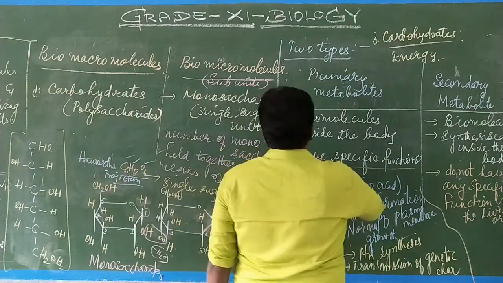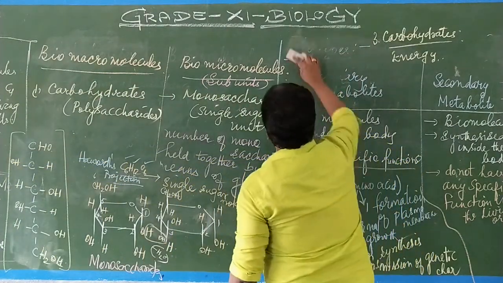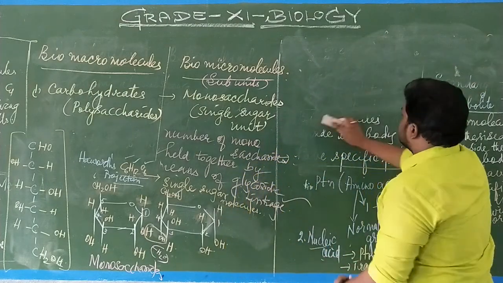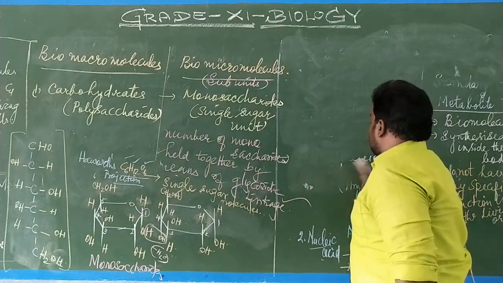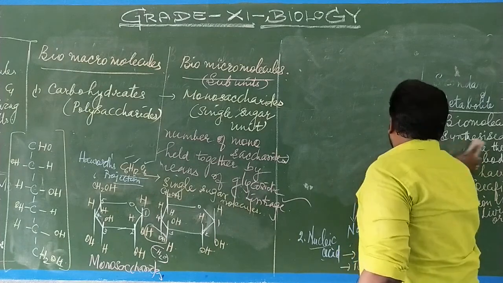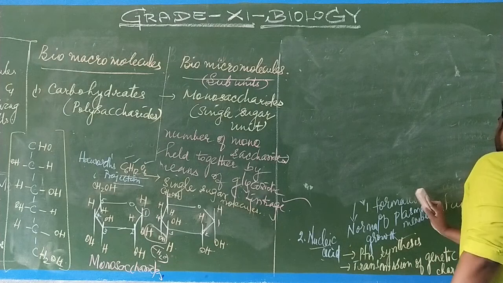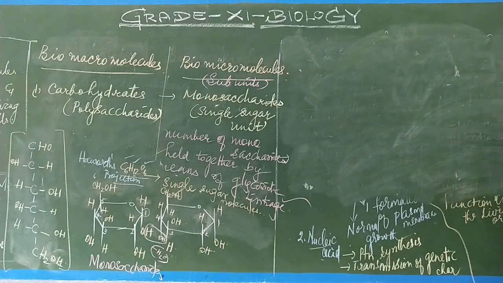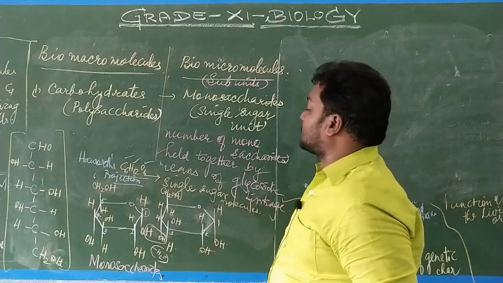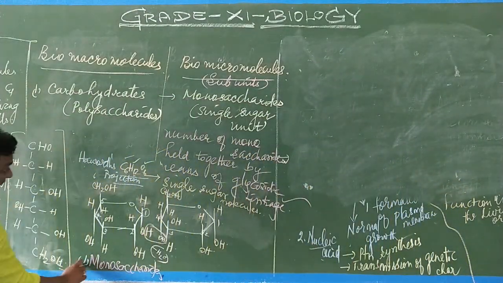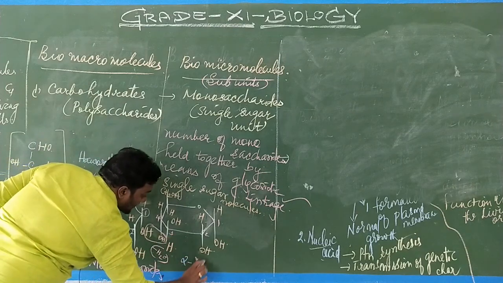Is the structure clear? Again I will write it here. Listen carefully. The book will not give it like this; it will only give a clear structure. But we must know how this structure is formed. What is in the two structures? This is the first monosaccharide and this is the second monosaccharide.